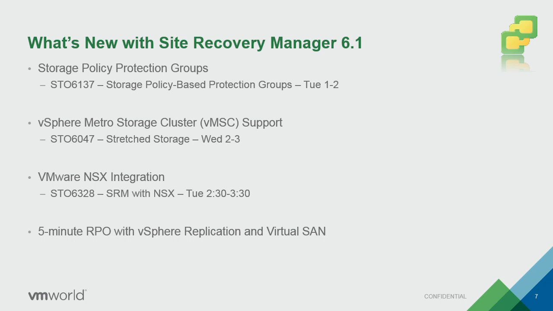Specifically from the SRM integration standpoint, what we're talking about is if you protect a VM that's connected to this new concept that NSX 6.2 creates, which is called a universal logical switch, which is connecting a VM that's in one data center with a logical switch that's connected to the other vCenter. So two vCenters, same logical switch, same port group, same layer 2 domain. You connect a VM to that port group at one site, you protect it by SRM.